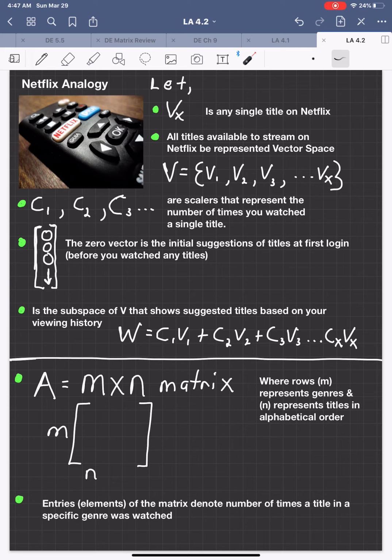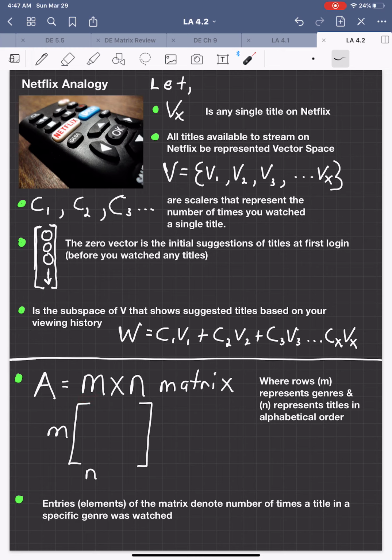All right. Now, let's see if I can push this. I don't know how far I can push it, but we'll see if we can push this analogy into a null space. Okay? So let's let matrix A, remember we have that Ax equals 0. Remember this equation we've been dealing with. So let's let A represent some m by n matrix.